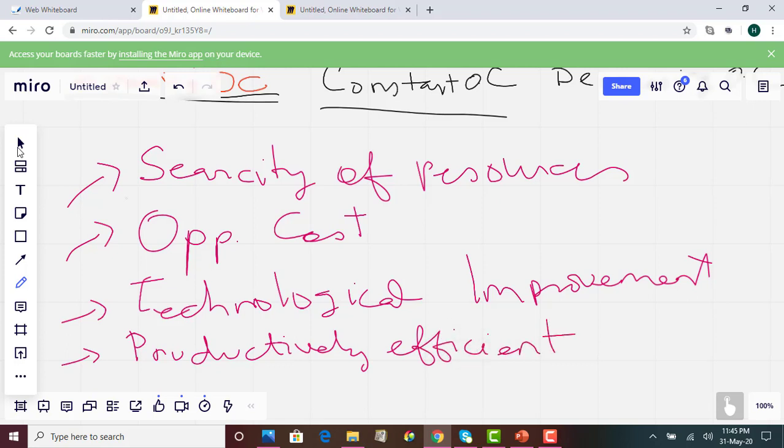And then it also tells us how we can achieve an unattainable point in the future. We might have that as a target. We want to be at that point, and because of technological improvement or discovery of new resources, we can achieve that point. Now, one item we don't know from the PPF is consumer utility or allocative efficiency.